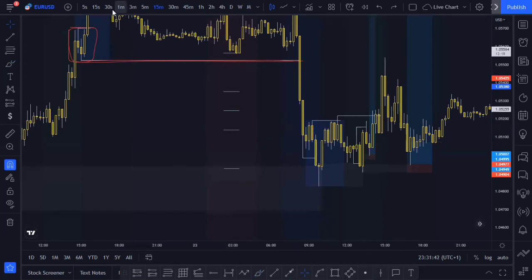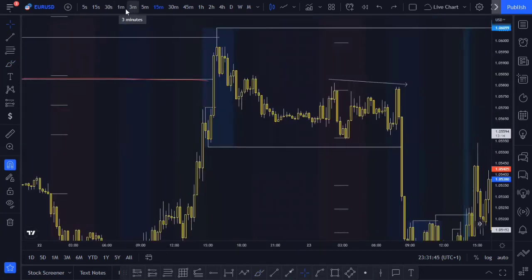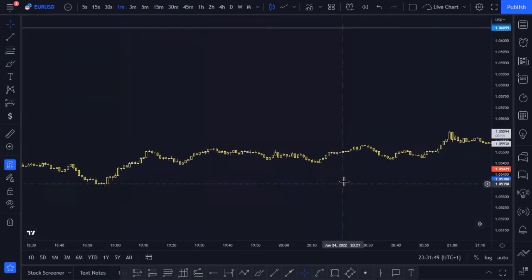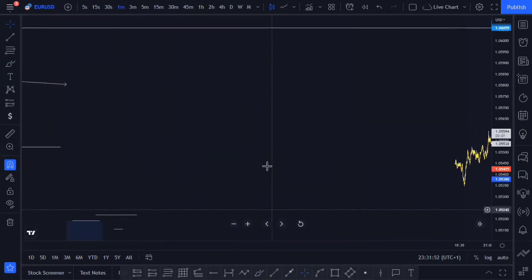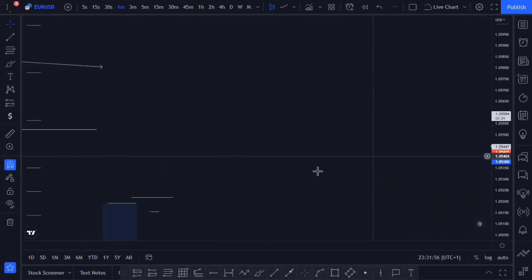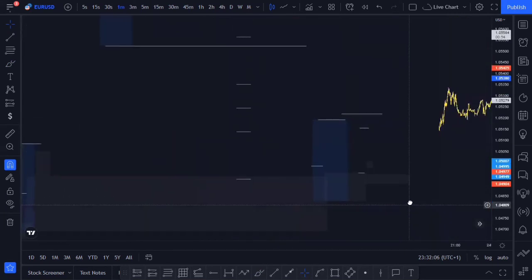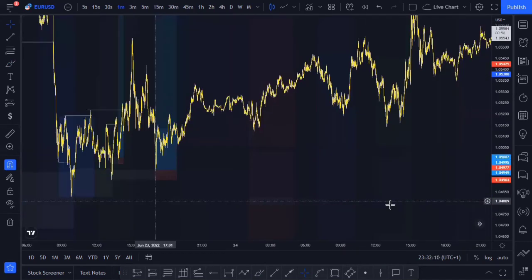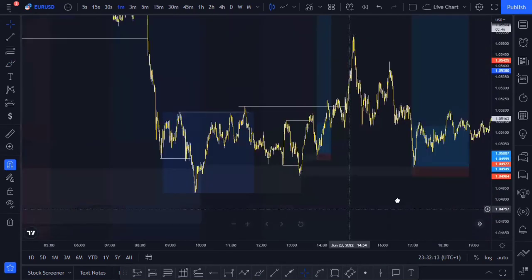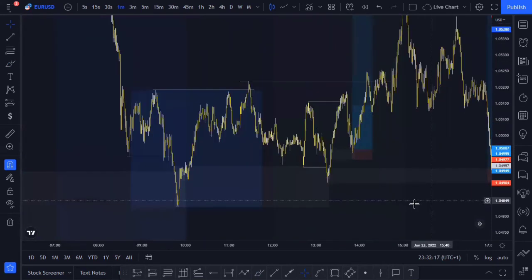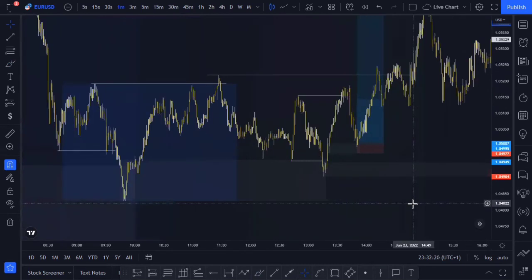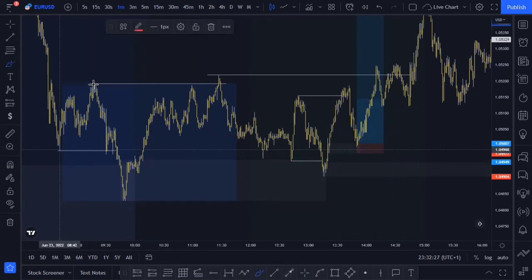So going down to the 1 minute. On the 1 minute, the direction wasn't really clear, because we had a shift in order flow, which was here, our last 1M lower high.